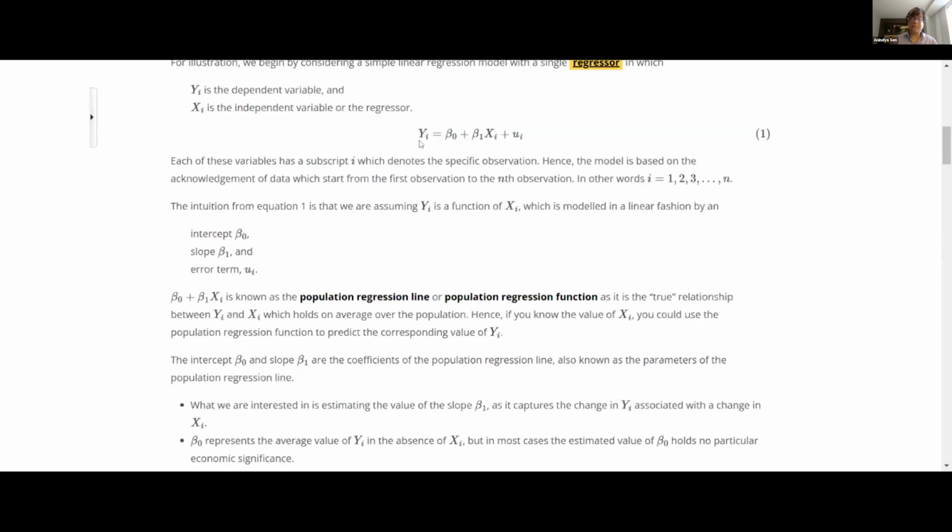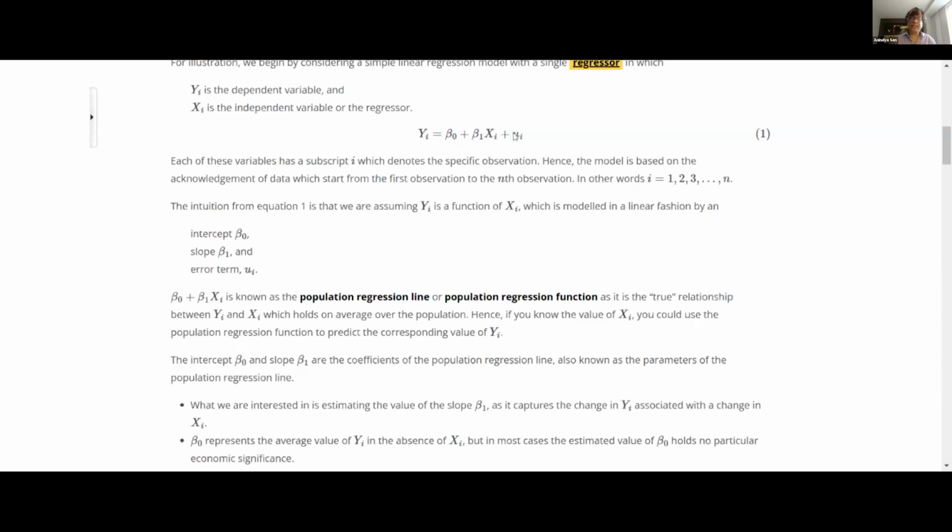So an estimate of your beta 1 will give us that. We need a method to get us an estimate. You don't have to worry about beta 0. In most cases, it's the value of y when x is equal to 0, so it's not important for us at this stage.